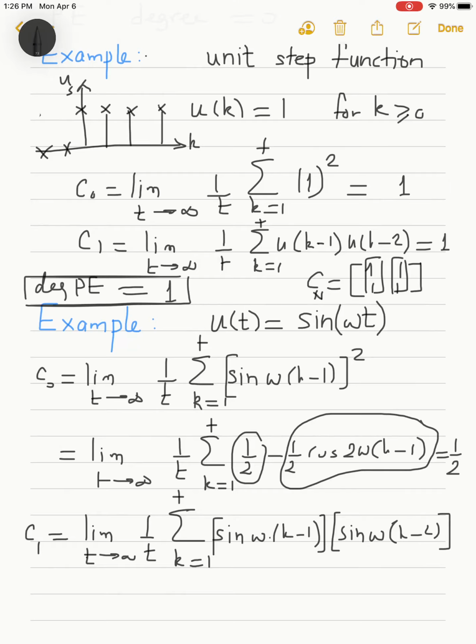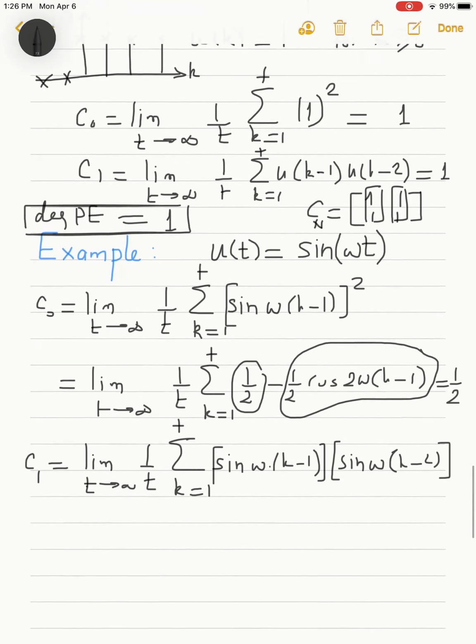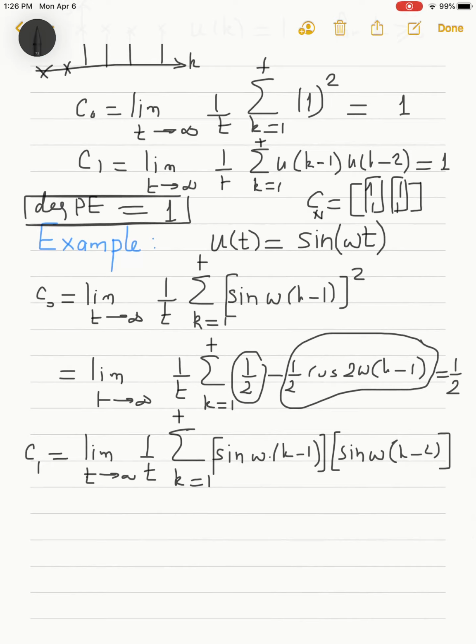And again, I'm going to use the trigonometric relation of the multiplication of two sine functions.